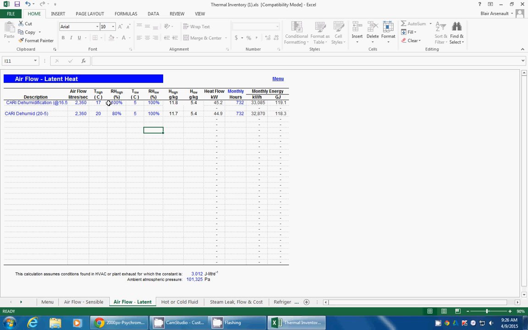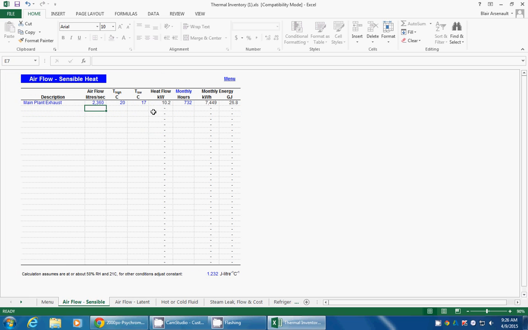You get the same result, really. Yeah, there's not much difference. Okay, you can say that's the same result. It's very minor here, but it's 10 kilowatts.